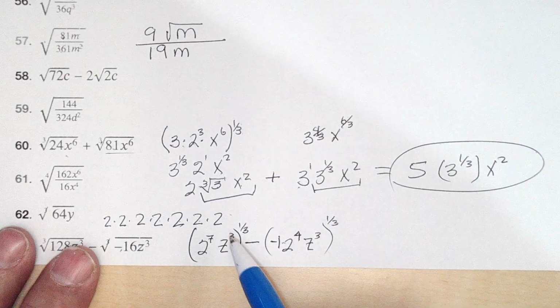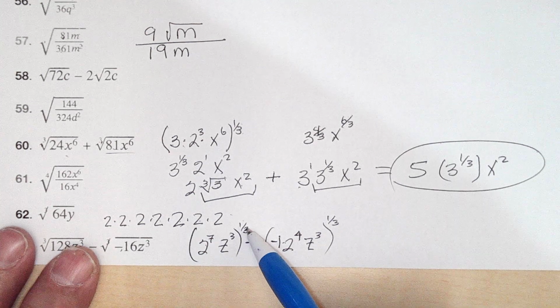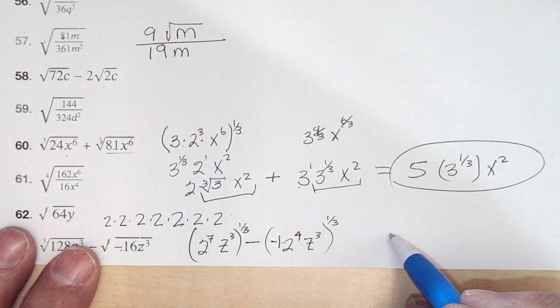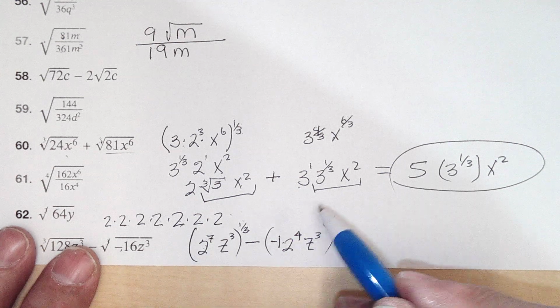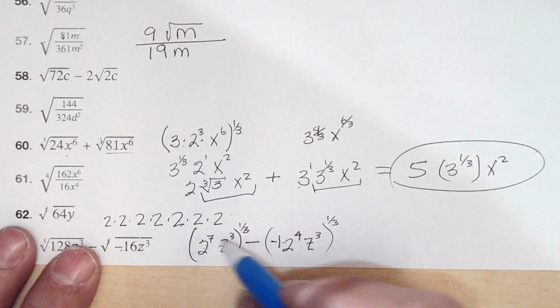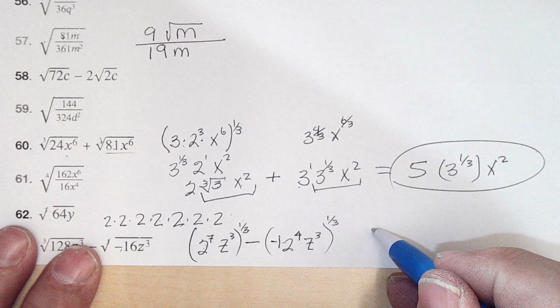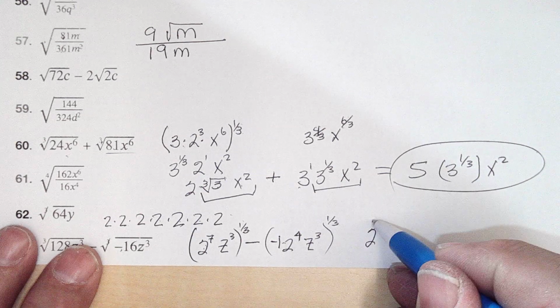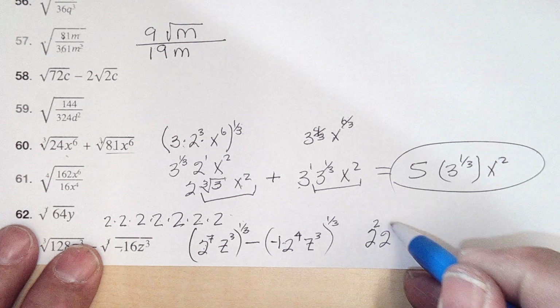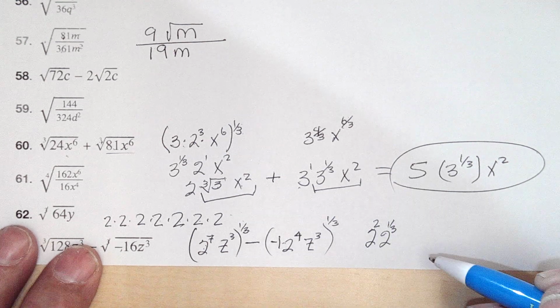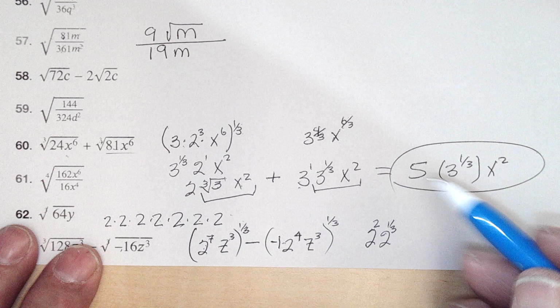So 2 to the 7/3, that's 2 to the 6/3, or 2 and 1/3. 7/3 is 2 and 1/3. So 2 to the 2, 2 to the 1/3, z to the 1.